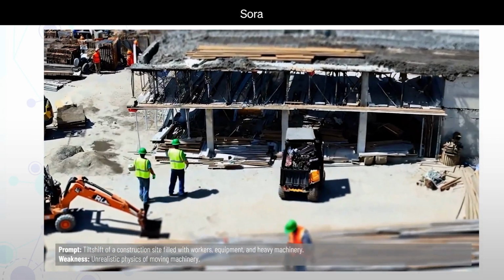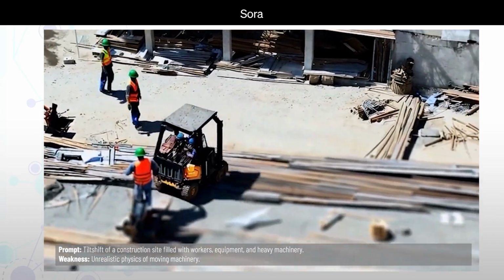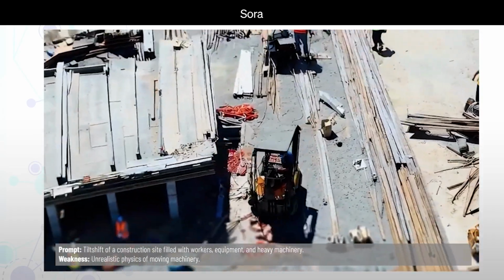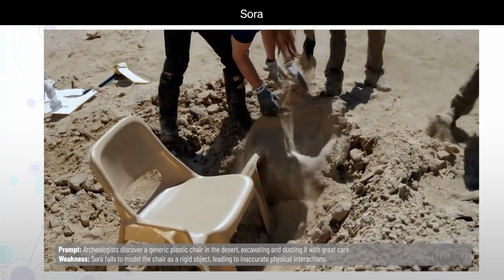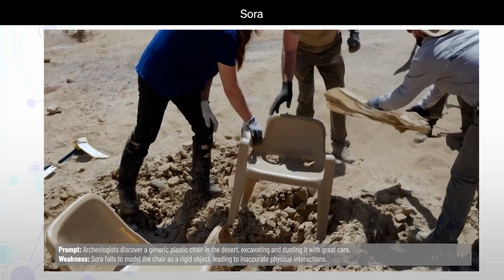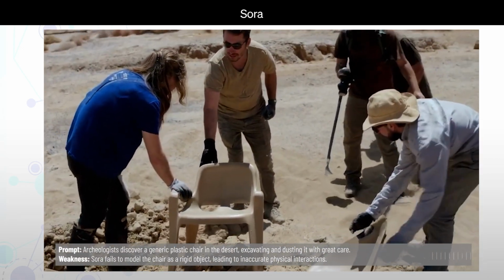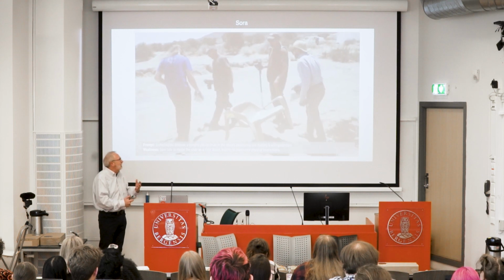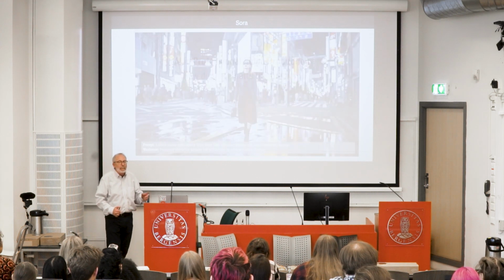And it also has some problems with physics in terms of how things move. And finally, this is my favorite one. Sometimes it just doesn't understand what something is and how it's supposed to move. And so you end up with all of these really strange anomalies.